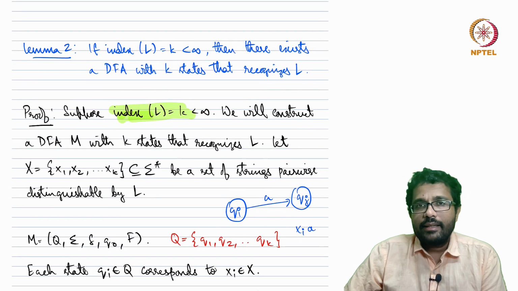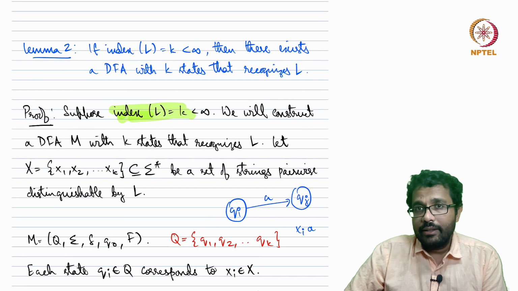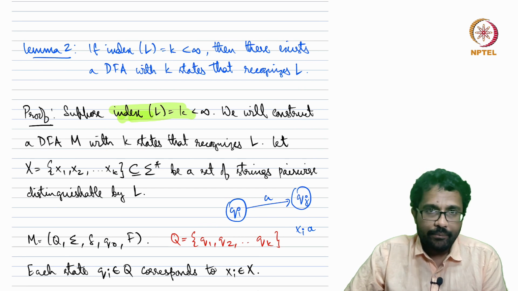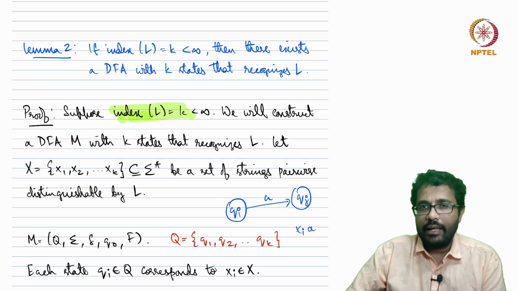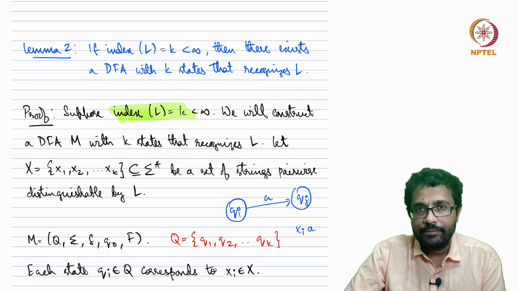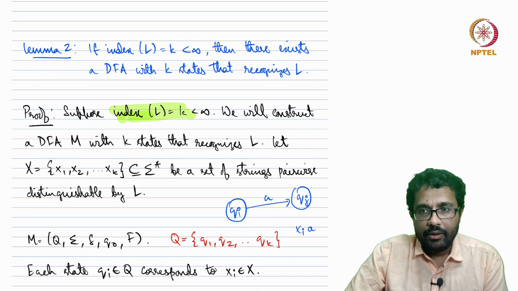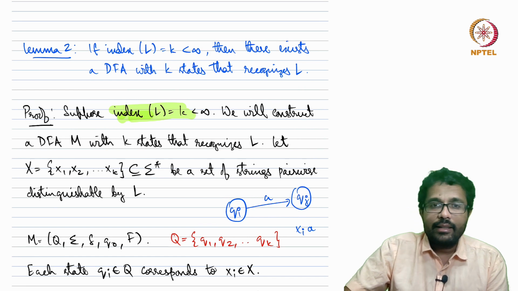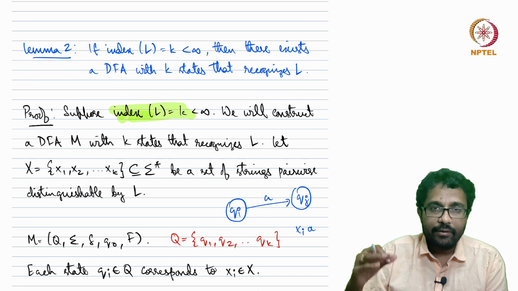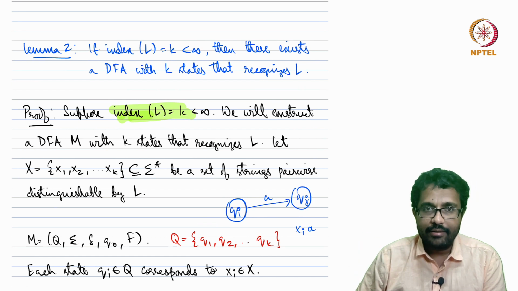The lemma statement is that if the index is equal to k, there is a DFA with k states that recognizes the language. The proof is constructive. We actually constructed a DFA with k states. The index being k means that there is a set of k pairwise distinguishable strings.